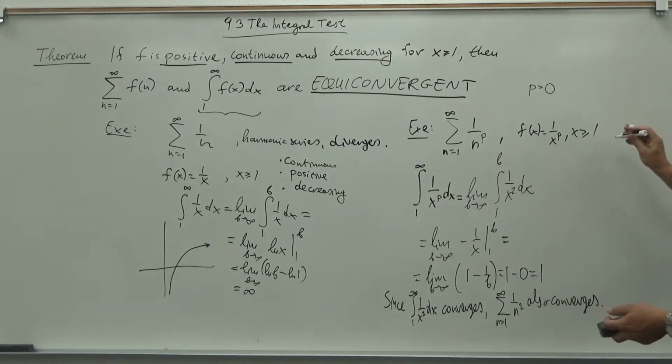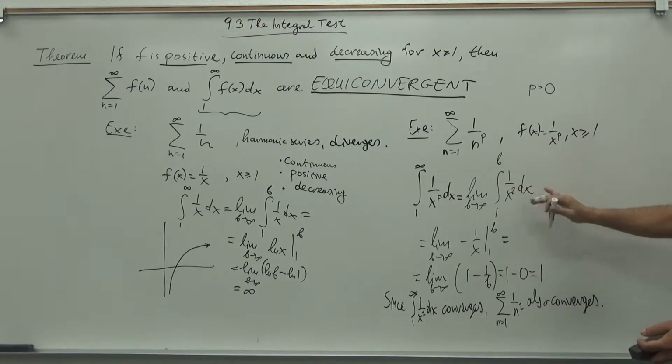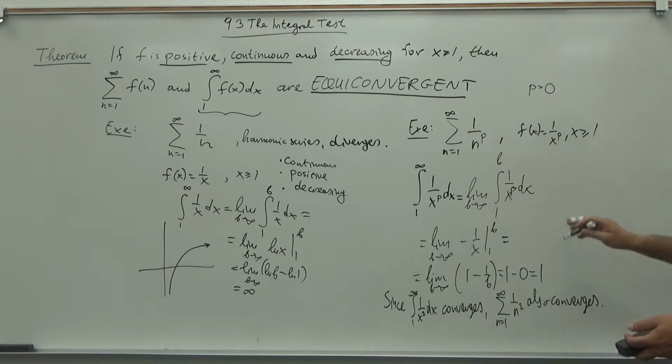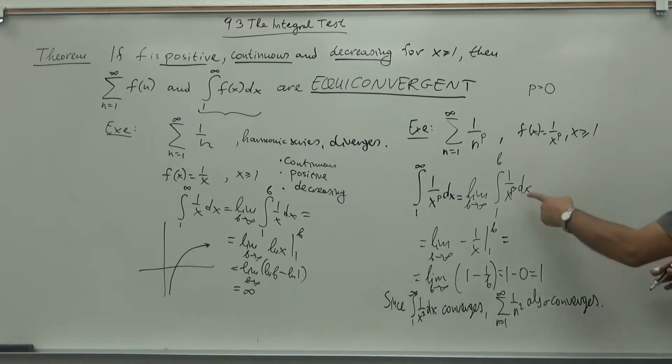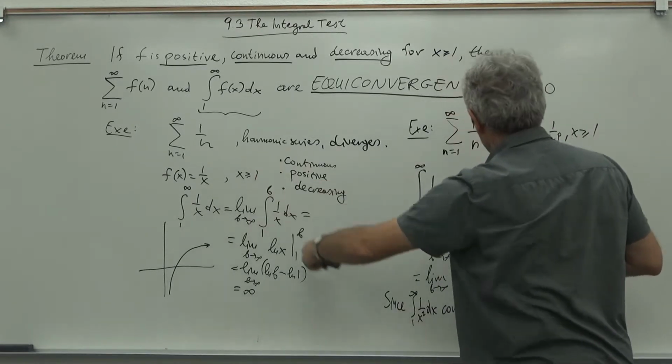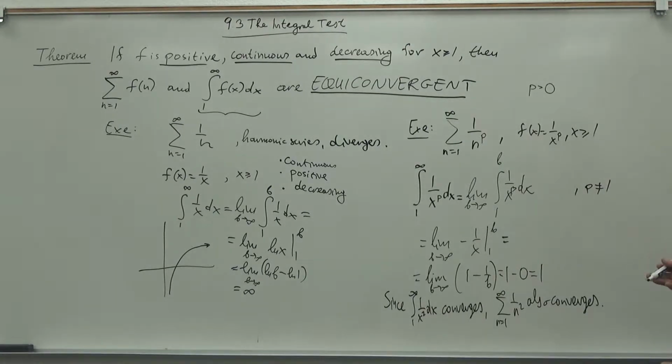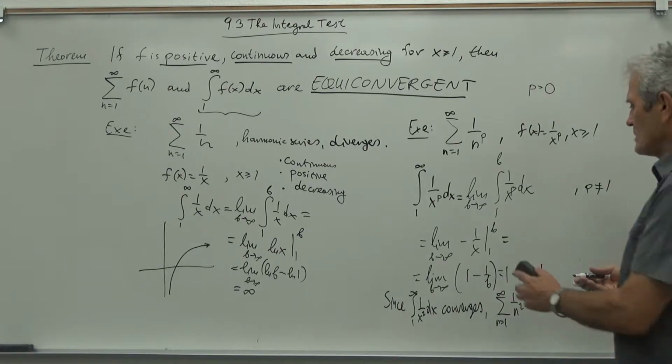Of course, I can do this, so 1 over x to the p. And then the integral of x to the negative p, if p is not 1, because p equals 1 is here. If p is different from 1, it will be negative 1 over x to the, or it would be what?